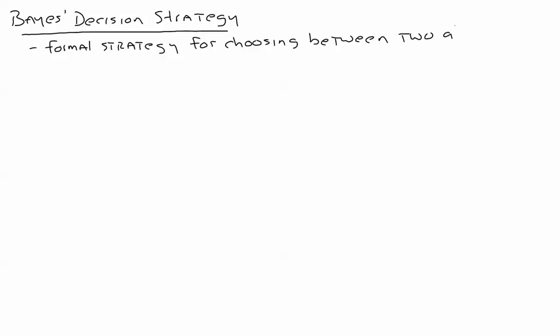Bayes decision strategy is a formal strategy for choosing between two alternatives. Perhaps Bayes decision strategy could be extended to consideration of multiple alternatives.